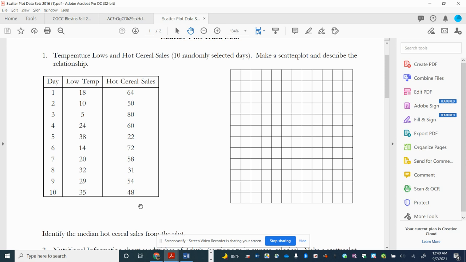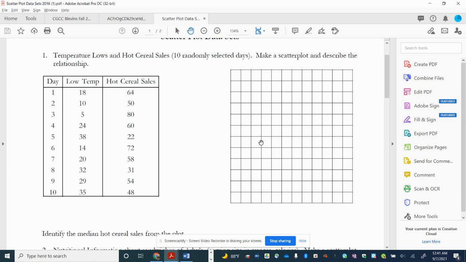So whenever you want to represent this data, since it has two attributes, we're going to want to represent that on a coordinate plane instead of just an x-axis like we had before. Because now we're going to have a horizontal axis, which would represent, in this case, your low temperature, and a vertical axis that would represent the number of hot cereal sales.